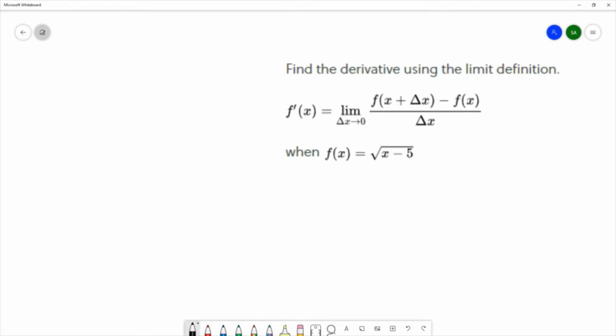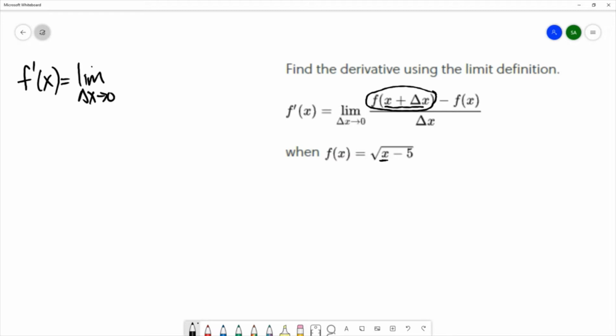So I want to start with that definition of the derivative, and I'm going to do the limit as delta x approaches 0 of f of x plus delta x. So f of x plus delta x means that I'm going to change this x to x plus delta x.